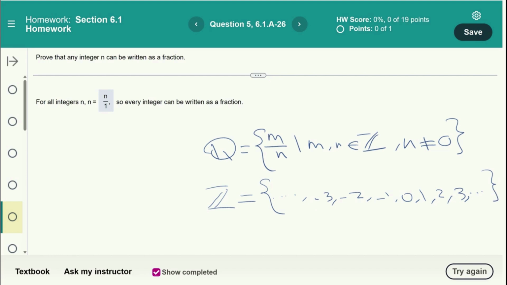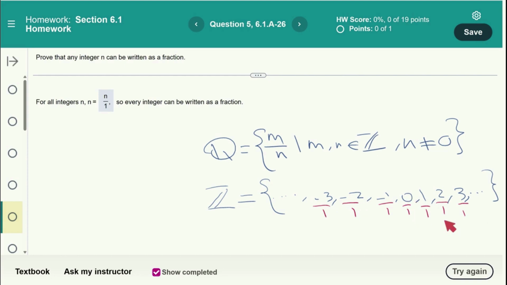Notice that you can simply take each of them and throw a 1 underneath, and you've satisfied the requirement for being a rational number, which is you have fractions of the form m over n where both the numerator and the denominator are integers, and the denominator is not 0 because obviously they're all ones, right?